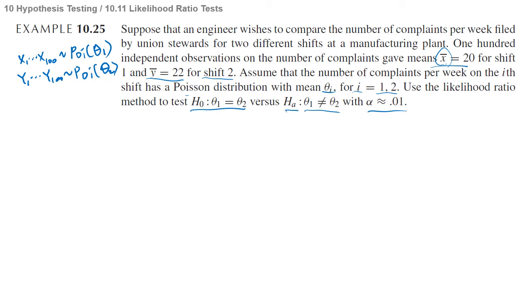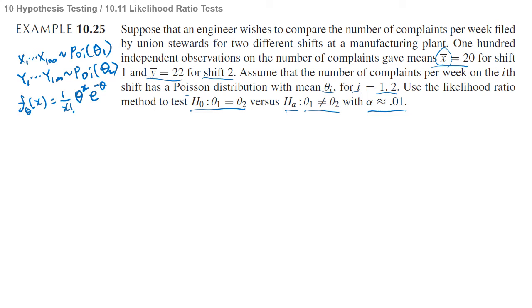The distribution function is f theta of x is 1 over x factorial times theta to the x and e to the minus theta.